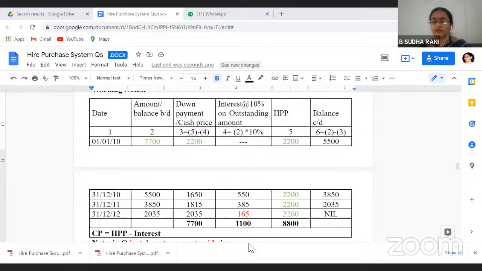Whatever the method, hardly 10 to 12 entries under all the methods, and among that, 4 entries repeat every year. If you are able to pass the journal entries, opening ledger accounts is not going to be a big difficulty. Okay, done. So this is an important table in the hire purchase system.